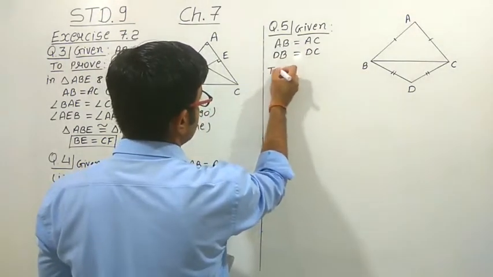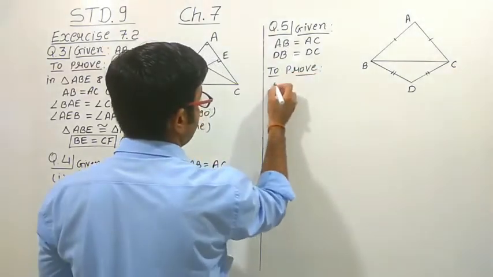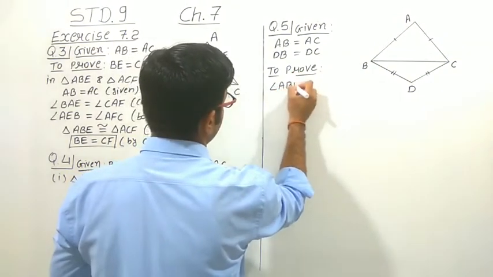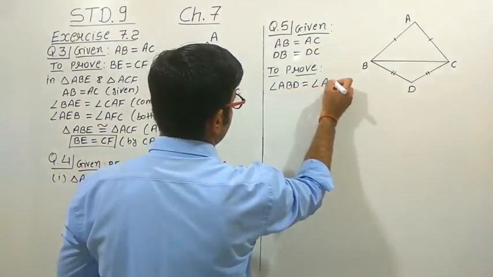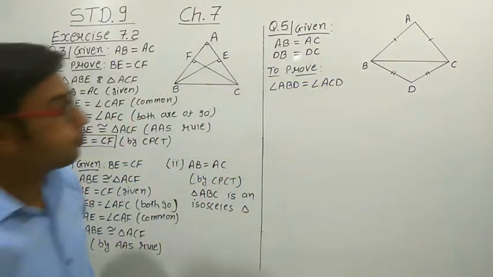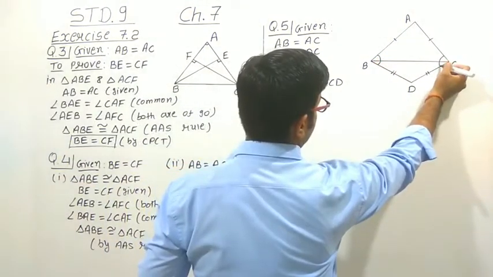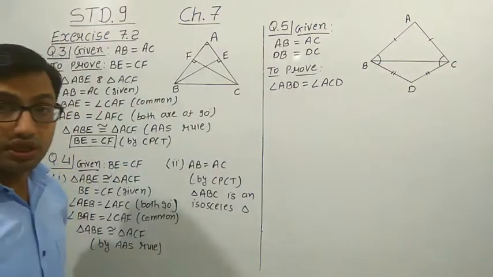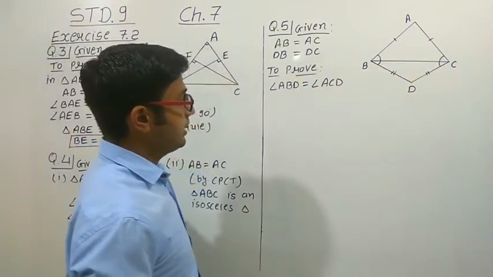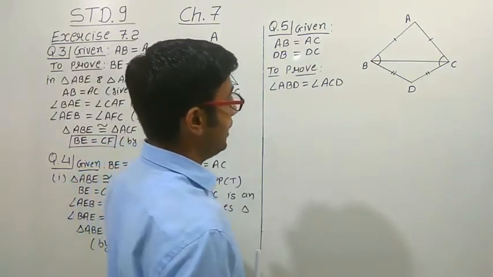Now what we have to prove is that angle ABD is equal to angle ACD. These two angles are equal, that we have to prove. Now see, here there is actually no triangle which considers the triangle ABD and ACD.